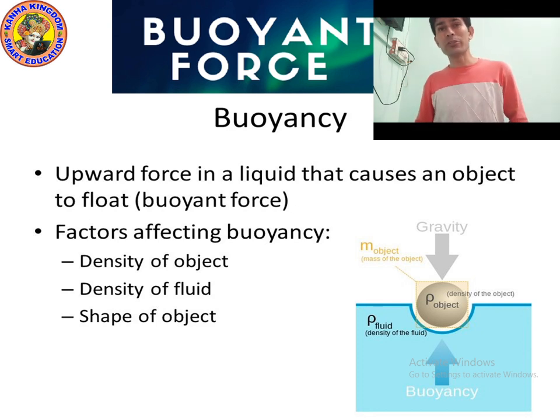And it also depends upon the shape of the object: length into breadth into height, the volume. If the volume of the object increases, then density decreases, and when the density decreases, the object will float.